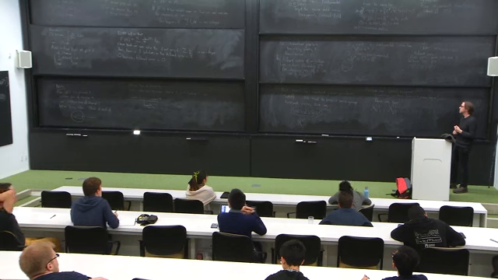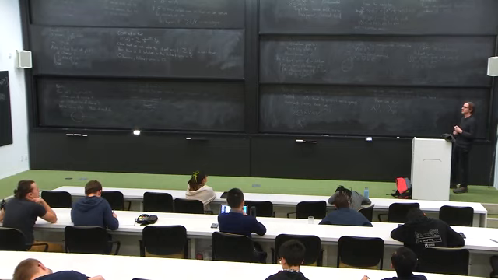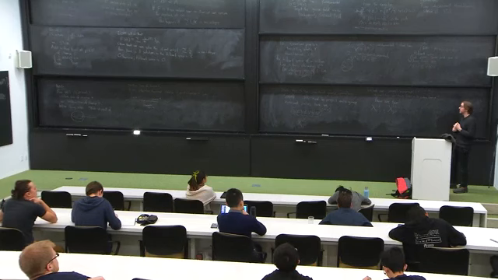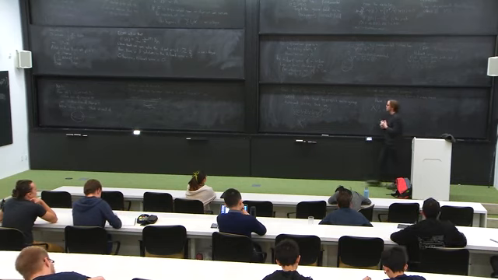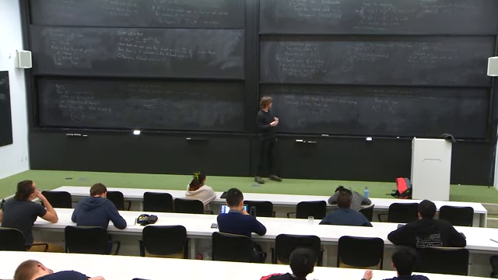In SU(2), we have this epsilon metric, and using it we can construct other things. You think you can, but it turns out they're not independent. I would think about it in terms of representation theory.